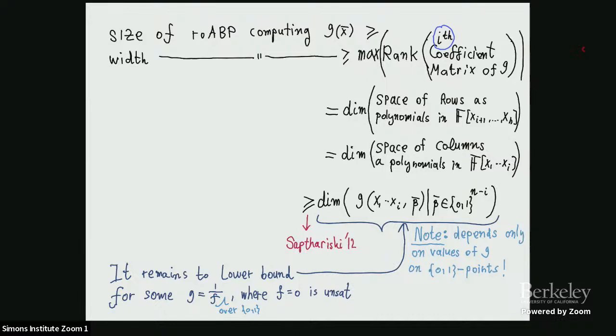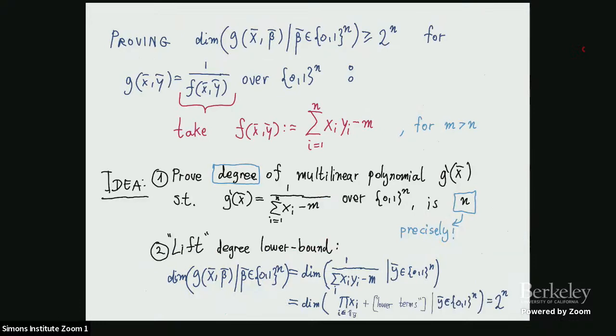So we've reduced the IPS lower bound for read-once ABP IPS to this algebraic problem of lower bounding this. And this is quite easy. I cannot cover all of this, but proving this is easy. Let me tell you very briefly the gist.